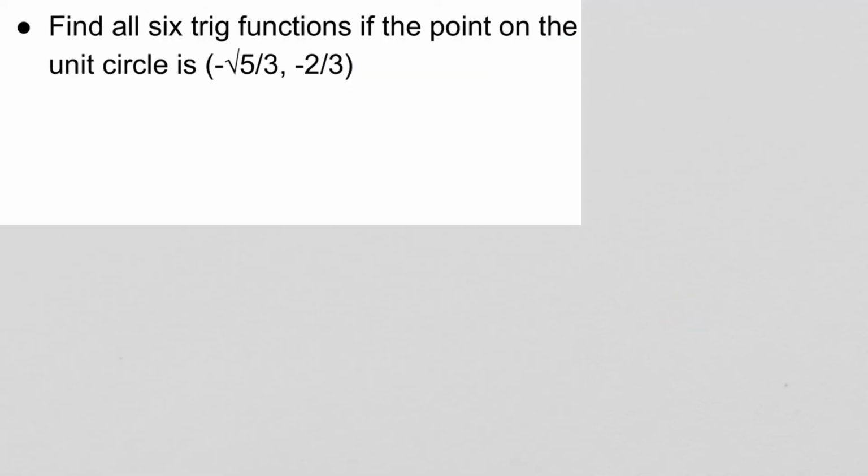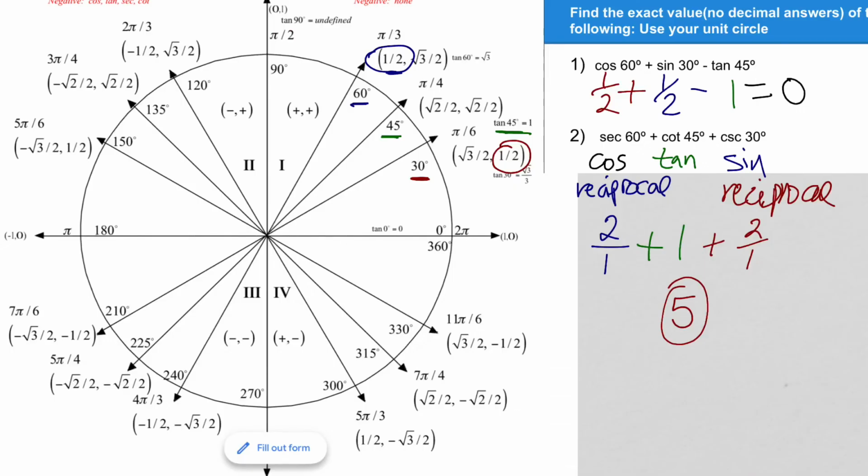All right, last thing. It says find all 6 trig functions if the point on the unit circle is negative root 5 over 3, comma, negative 2/3. Now, this is not straight on the unit circle from here, right? It's somewhere in here, but it's not the ones that we know that go by 30, 45, 60, and so on.